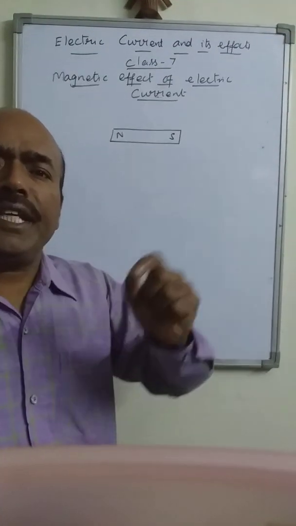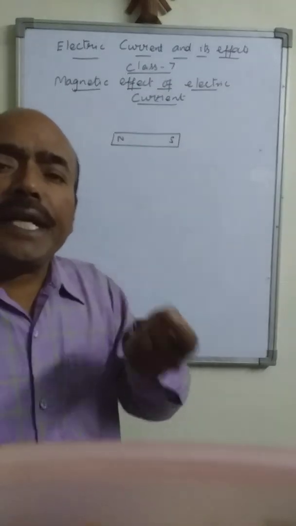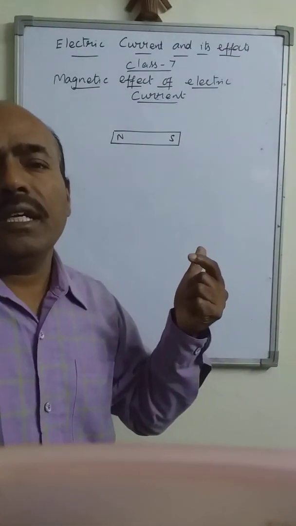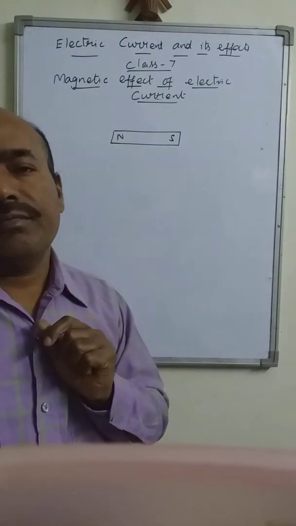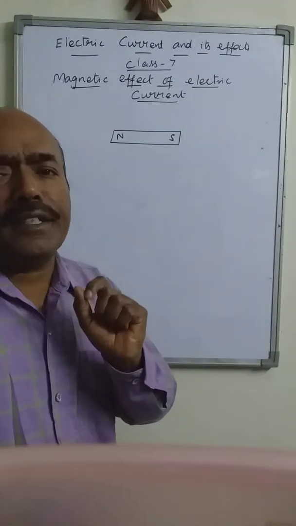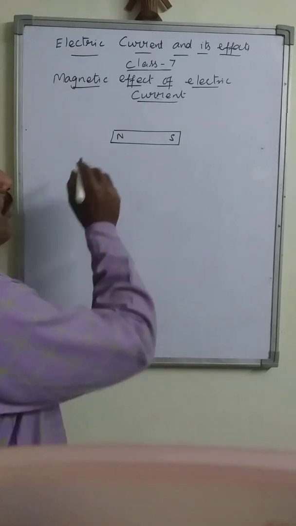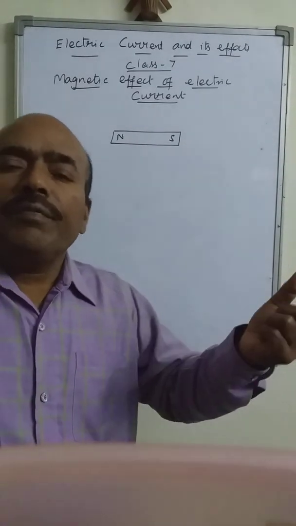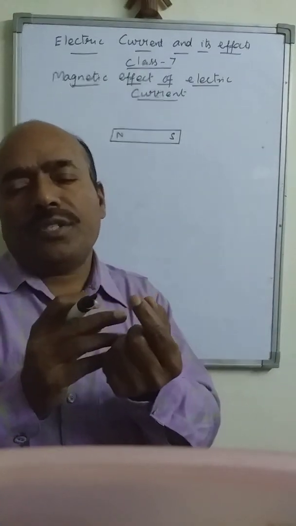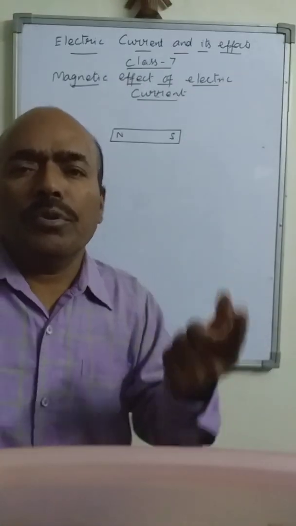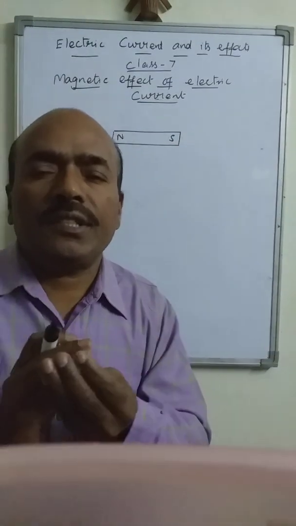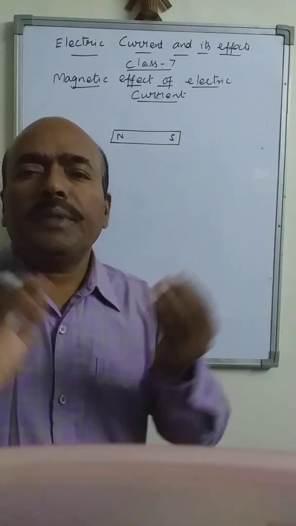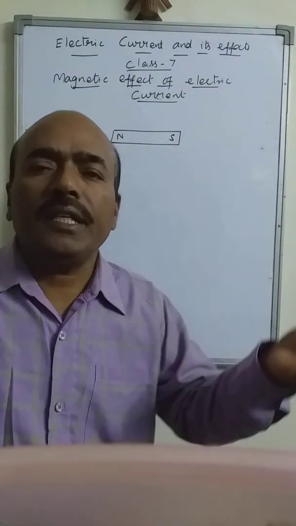Whenever we put any magnetic material nearer to this magnet, it attracts. If a piece of iron is placed nearer to it, it attracts. If we bring two magnets with unlike poles, they attract each other. If two like poles are brought nearer to each other, they repel each other.